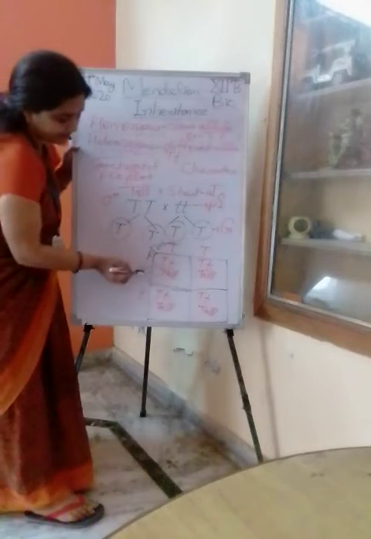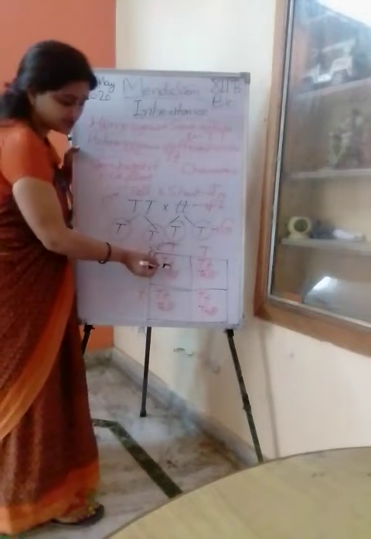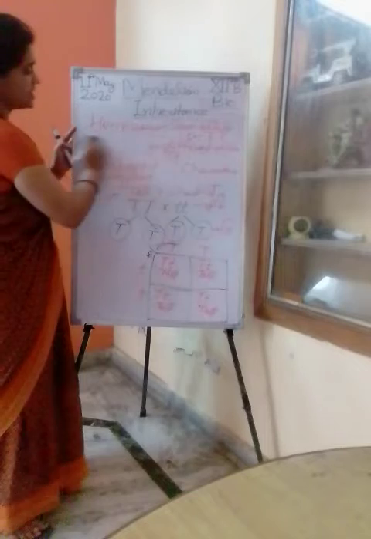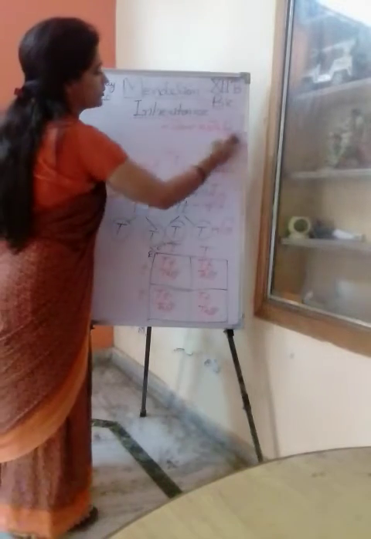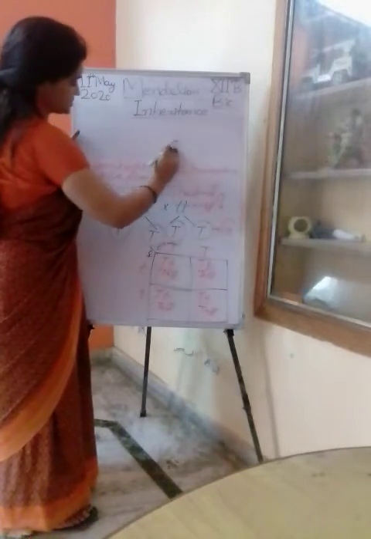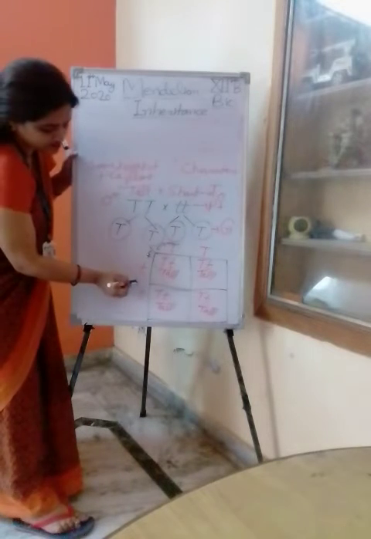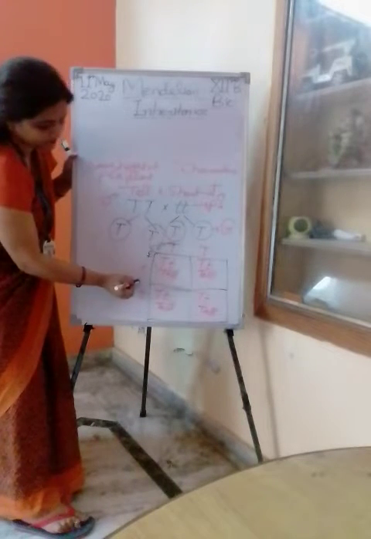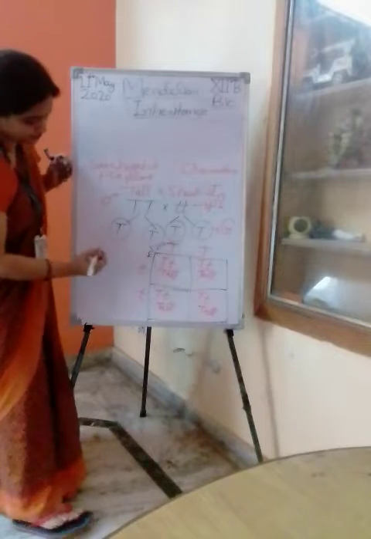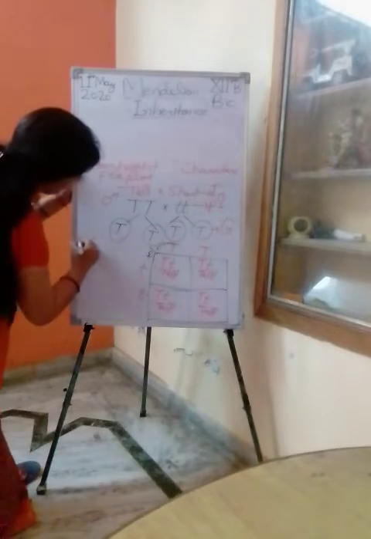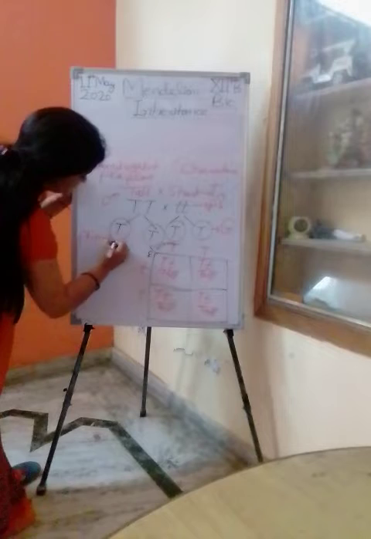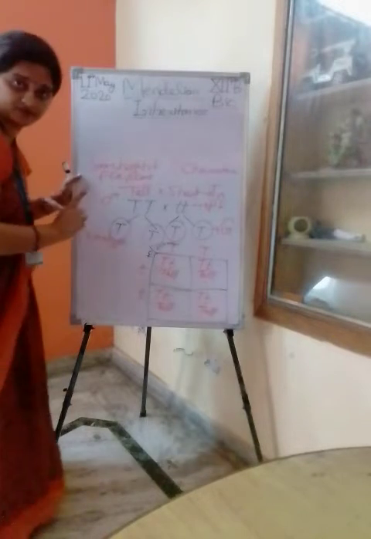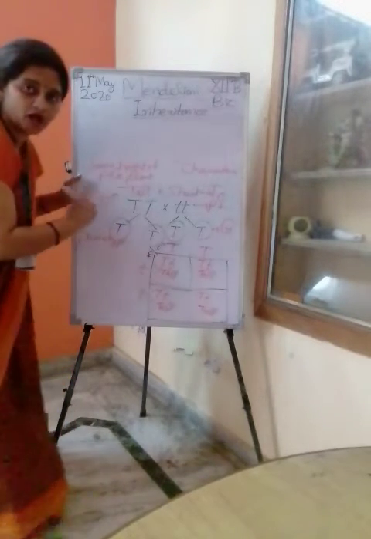Now look at the heterozygous. Next, how can we write the phenotype in this checkerboard? Phenotype means the external appearance of plants.